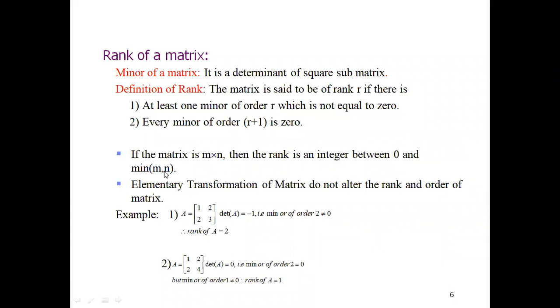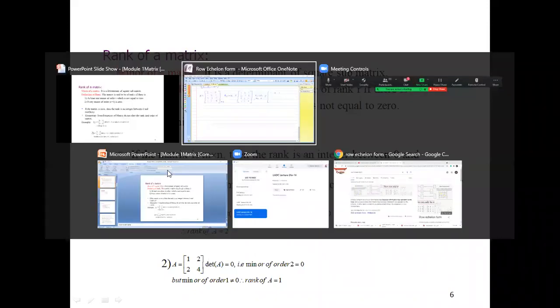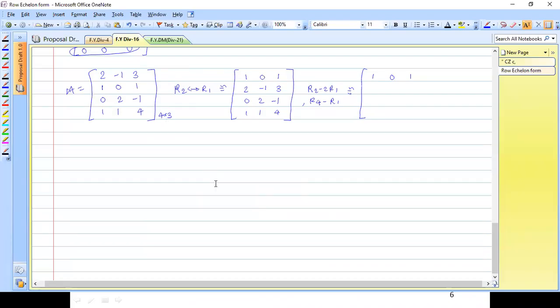It may be 3, no? Minimum of 4 and 3. What is the minimum of 4 and 3? 3. So rank should be less than or equal to the minimum of 4 and 3. So those who are getting 4, just check your calculations. Okay.